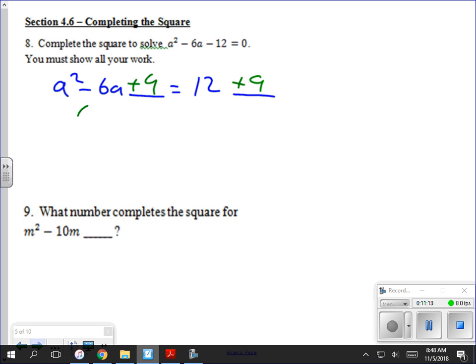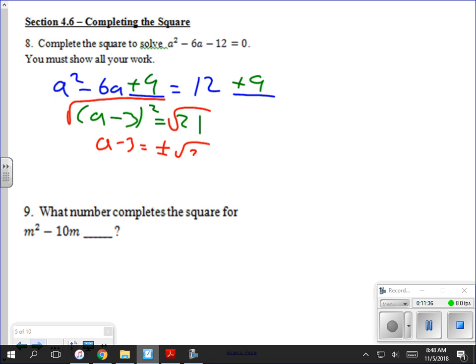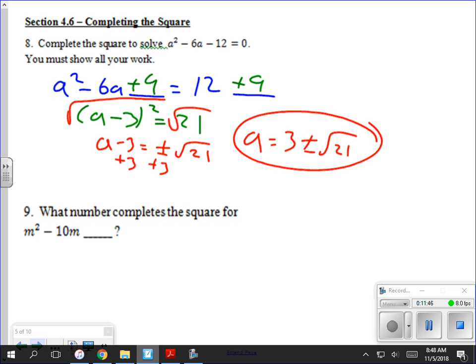Rewrite this as a perfect square. a minus 3 squared is equal to 21. Square root both sides. a minus 3 is equal to plus or minus the square root of 21. Add 3 to both sides. a equals 3 plus or minus the square root of 21.